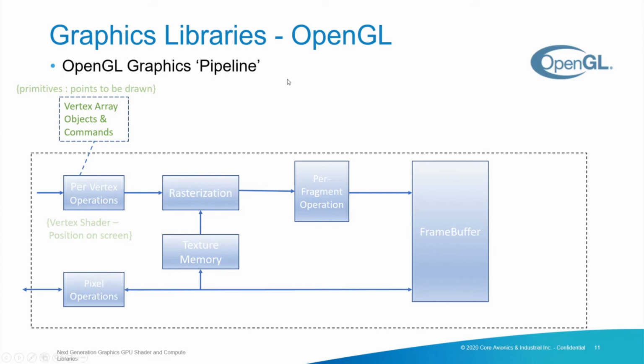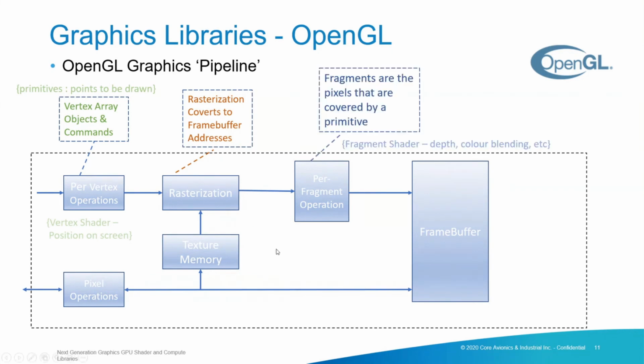The next stage is to rasterize the data. That means to physically plot that as a pixel on the display or the frame buffer, but we haven't got there yet because we have to use color depths and color blending to say what color and blend the shape should have before it's displayed.